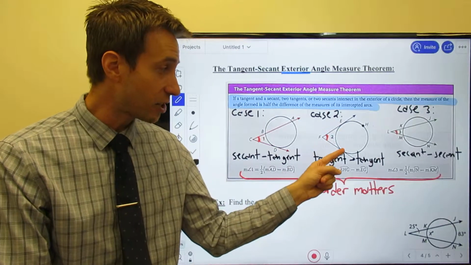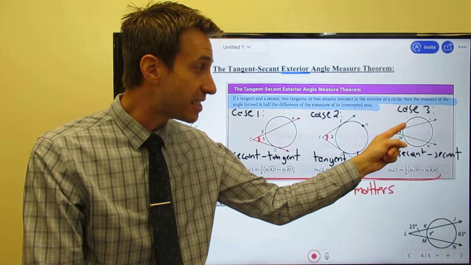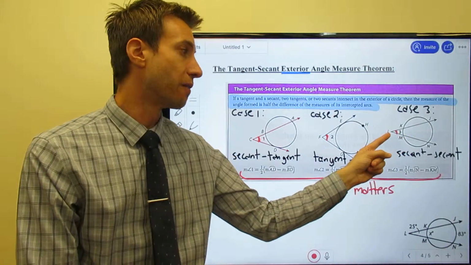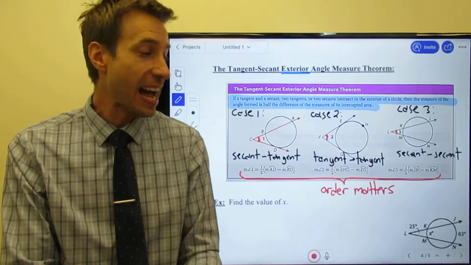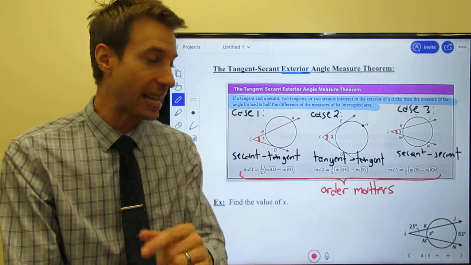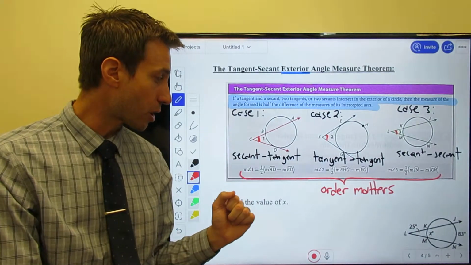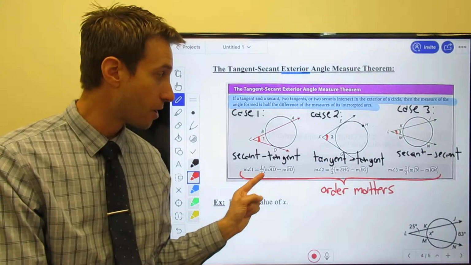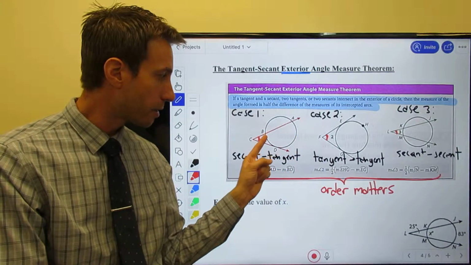Here you have a tangent and a tangent forming a circumscribed angle. Here you have a secant and a secant forming a circumscribed angle. What's nice is all the formulas are really closely related. Please notice, in order to find the measure of the circumscribed angle, it'll be 1/2 arc AD minus arc BD.